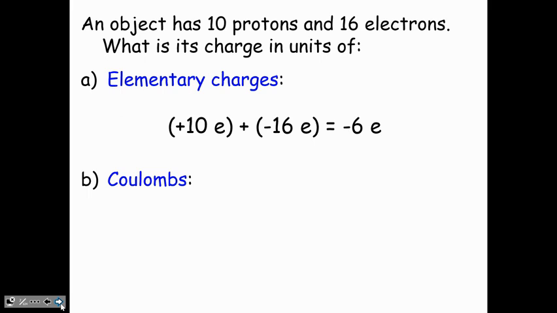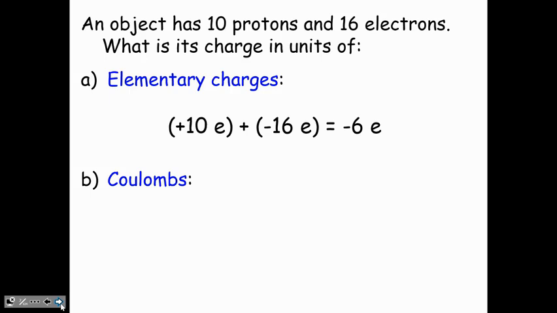If we add those together, keeping the positive and negative signs with their associated charges, you get an overall charge of -6 elementary charges, which means that we have 6 more electrons than we do protons. So that number is giving us the ratio of electrons to protons.